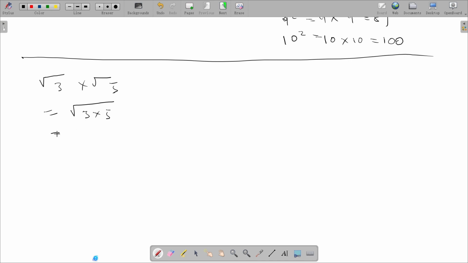Therefore, square root of 3 times square root of 5 is square root of 15. Simple. Let's practice another one.